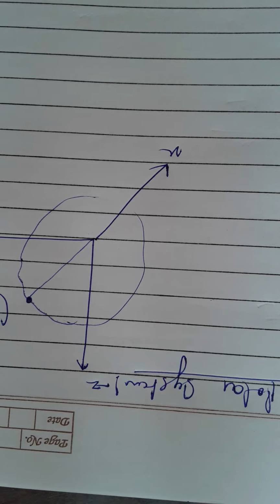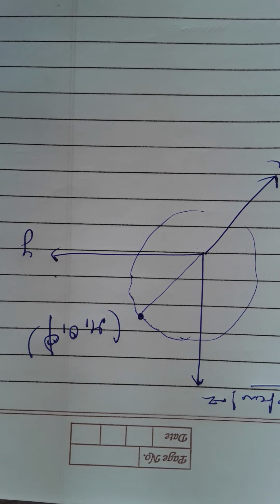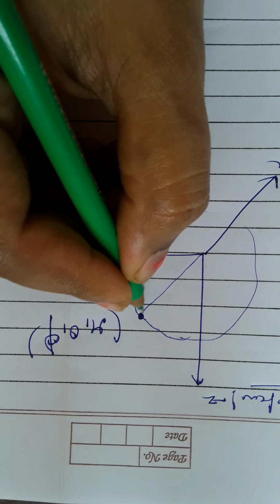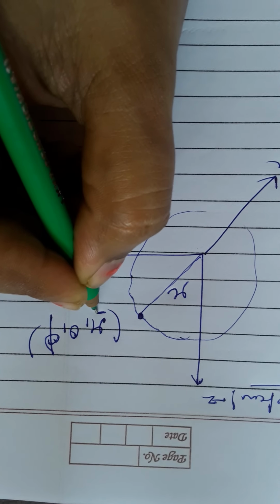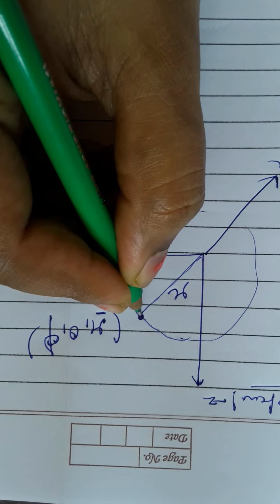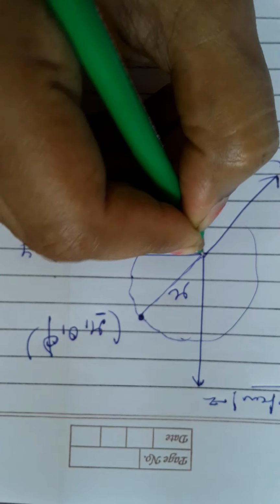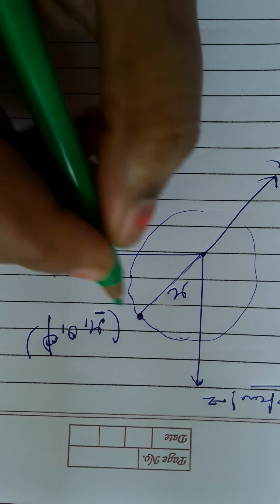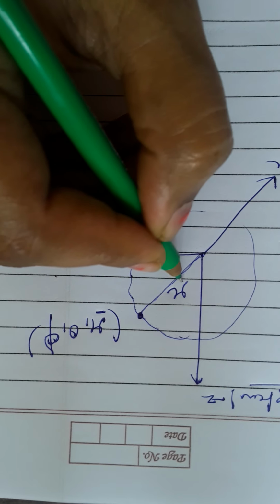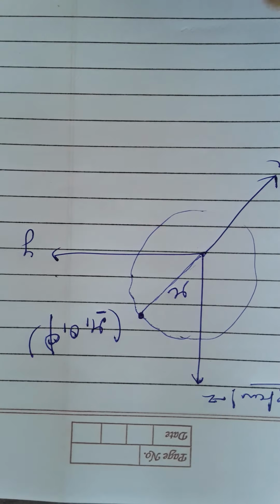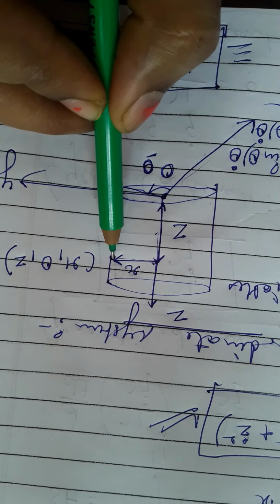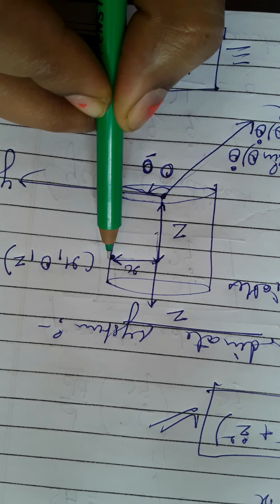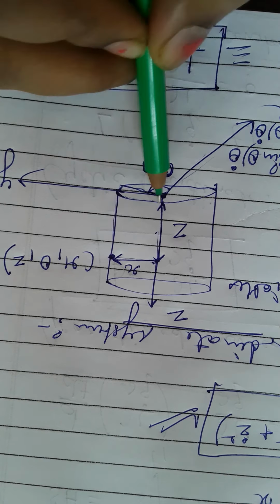This r is your distance of the particle from the origin in spherical symmetry. In the spherical polar coordinate system, r is the distance from the origin, and in cylindrical, your r is from the z-axis. Always keep this in your mind. Here it is not from the origin.